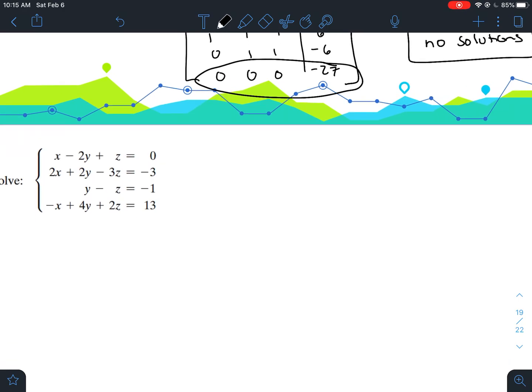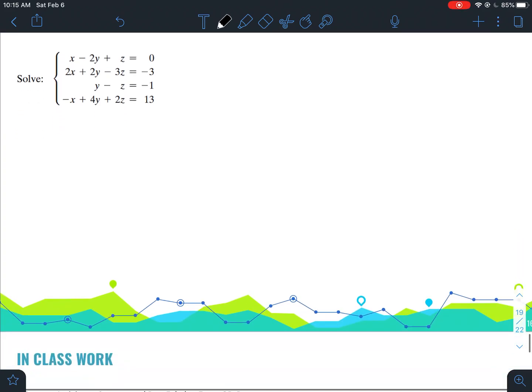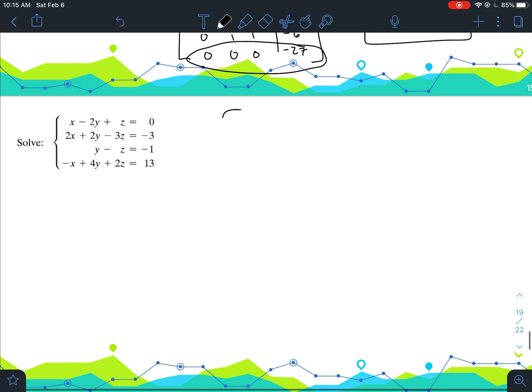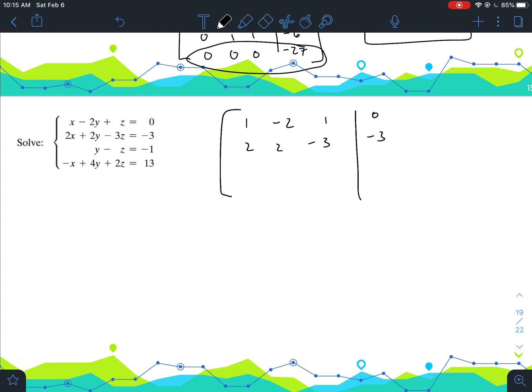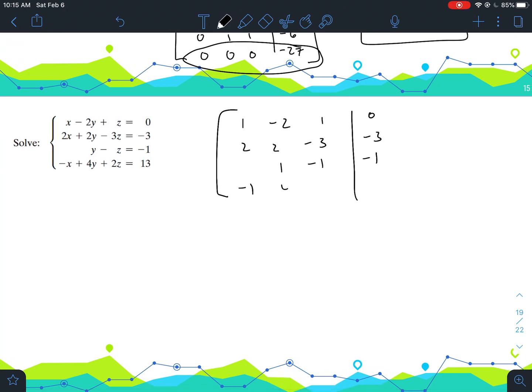All right. Now we've got 4 rows, but 3 variables. So we can still put this in row echelon form. So 1, negative 2, 1, and 0. 2, 2, negative 3, and negative 3. We've got 1, negative 1, and negative 1. We've got negative 1, 4, 2, and 13.